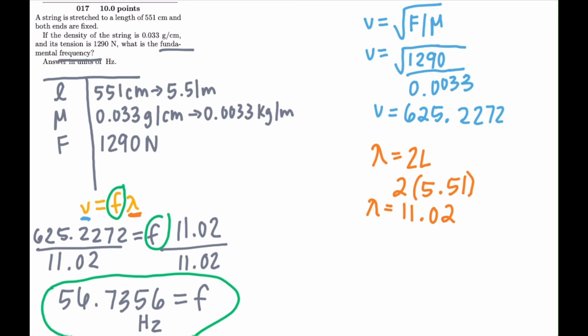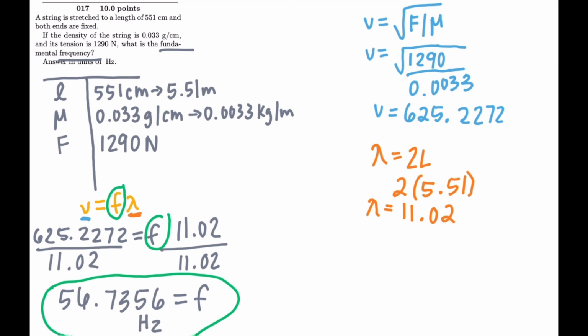So we said wavelength is equal to 2 times the length. So we took that and we multiplied 2 times 5.51 and we got 11.02. And then we plugged that into the velocity is equal to frequency times wavelength equation, and we got the answer 56.7356 hertz is the frequency, the fundamental frequency of the string.